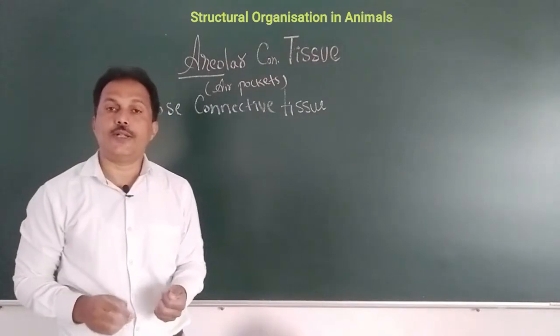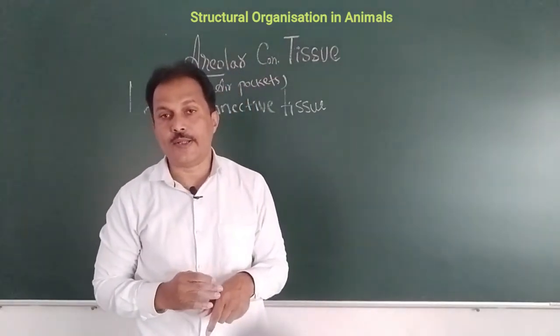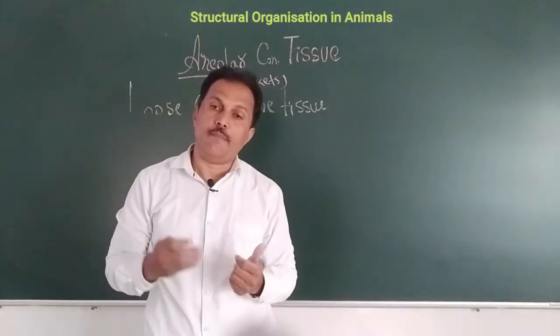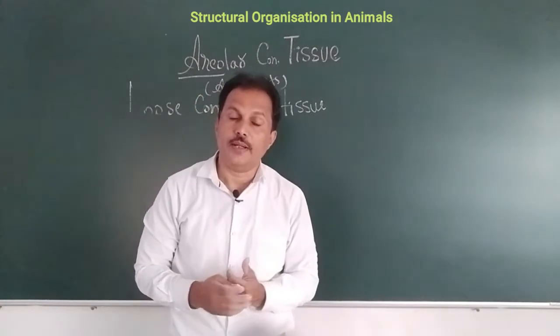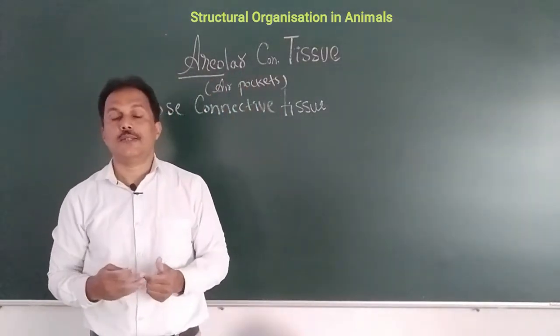Where is this connective tissue found? It is present beneath the skin. It is present surrounding some organs. It is present between the layers of tissues, between the layers of the muscles, and between some organs also.